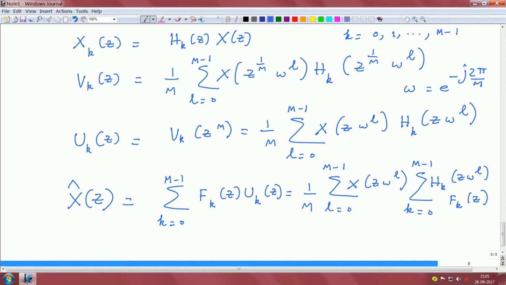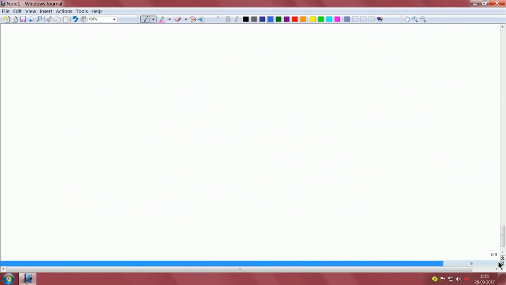Okay. Now, we can rewrite this messy equation slightly in a form that is presentable.